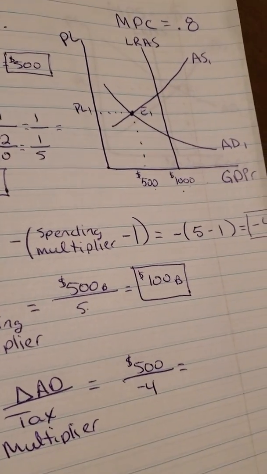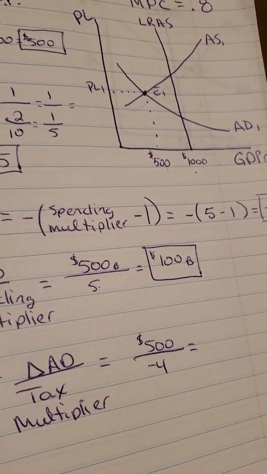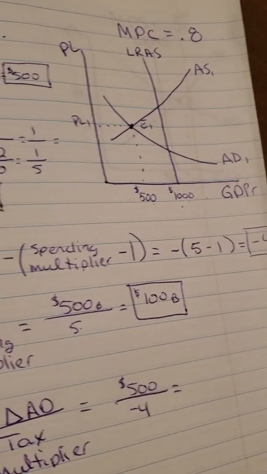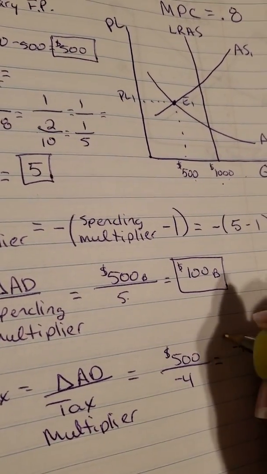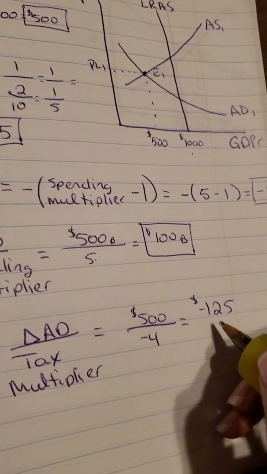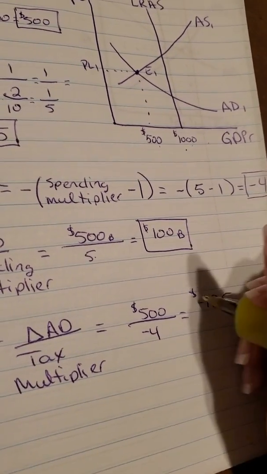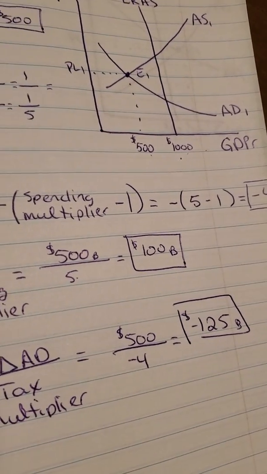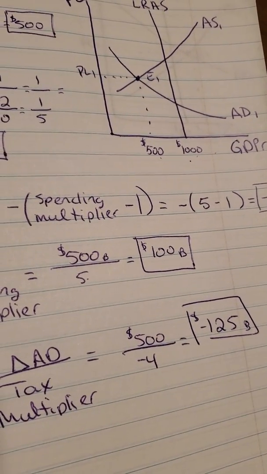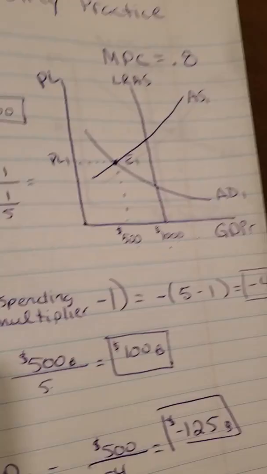So 500 divided by 4 is 125 negative. So we need to decrease taxation by $125 billion. And if my math is wrong, sorry y'all.